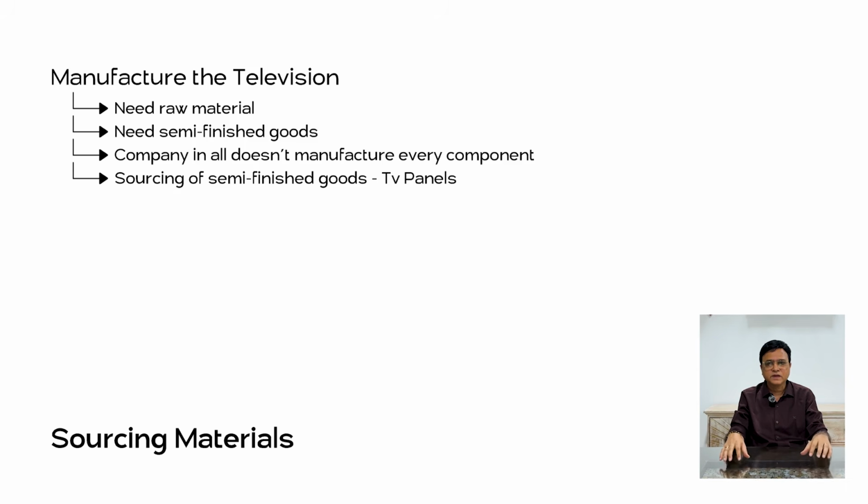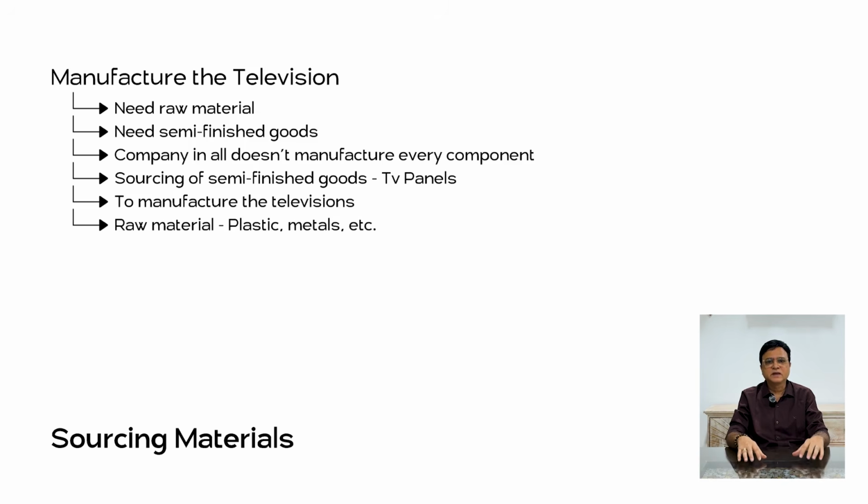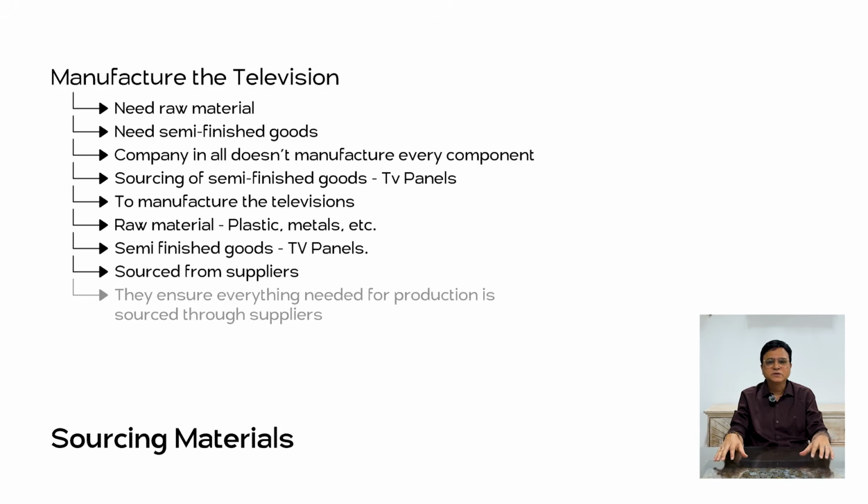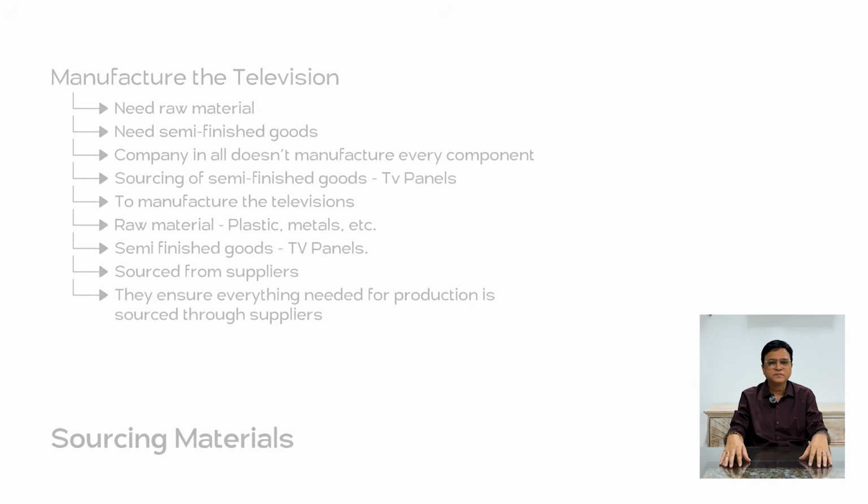So raw materials like plastic, metals, etc. are required, and semi-finished goods like TV panels are sourced from suppliers. They ensure that everything needed for production is sourced through these suppliers. That is step 2, sourcing the materials.